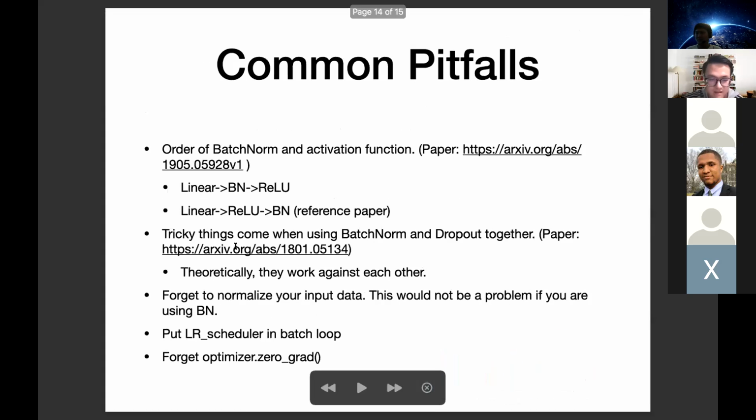As I said before, in the dropout paper it says that dropout is against batch norm, but I think it very much depends. From my side, I think we can try both in your task.